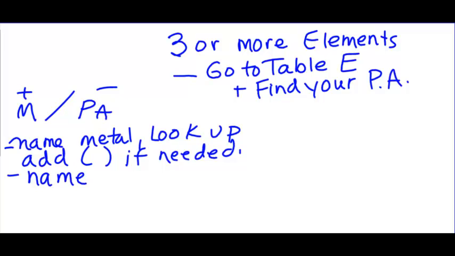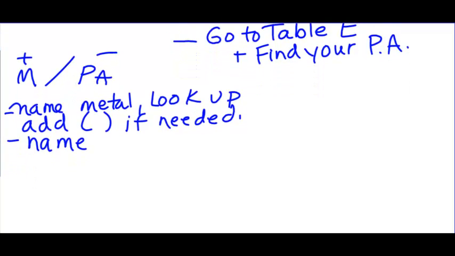You don't have to do any switching or changing the ending. You take the name of the polyatomic right off the table. And then, if necessary, you find the charge on your metal and put it in Roman numerals inside the parentheses.